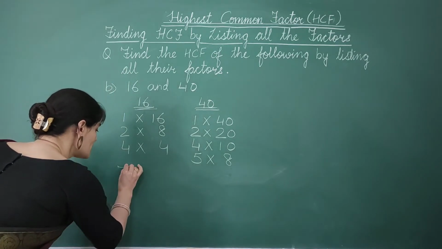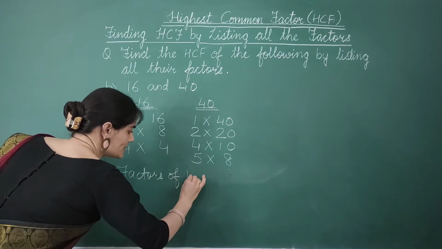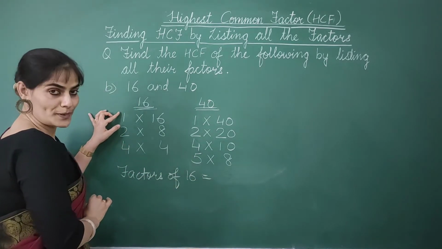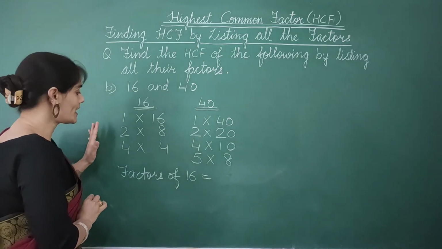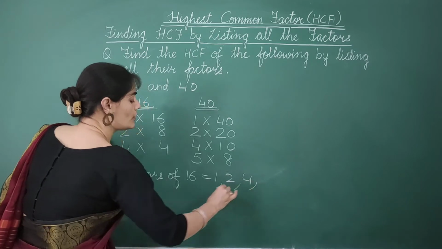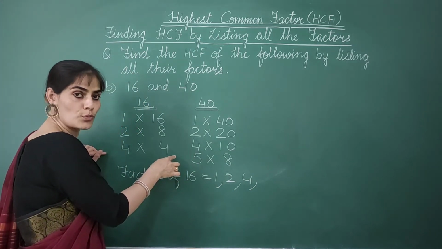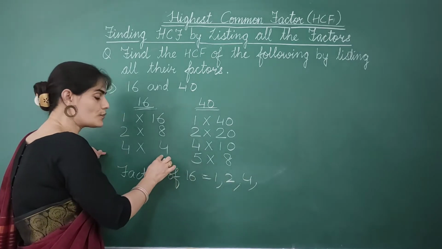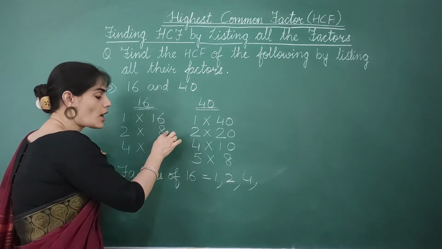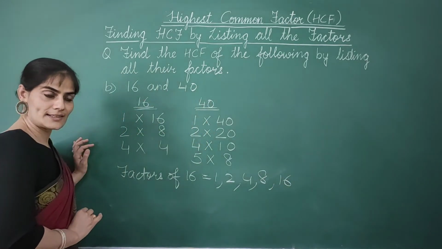Now we write factors of 16. And again I will begin from the top on the left side. It is 1, 2, 4. And we move to the right side and we'll start writing from the bottom. 4 is already there, so we are going to skip this. Now we have 8 and finally it is 16.